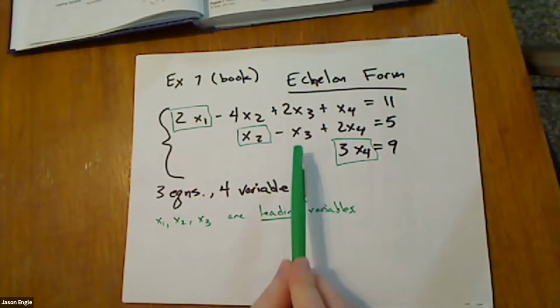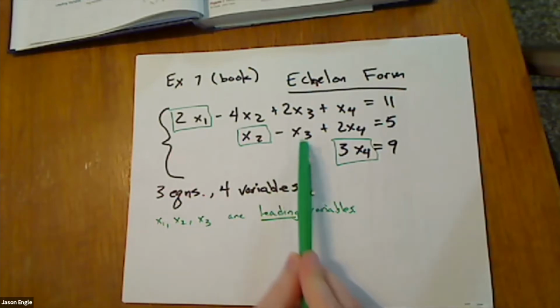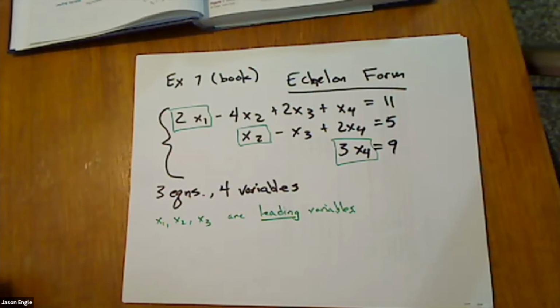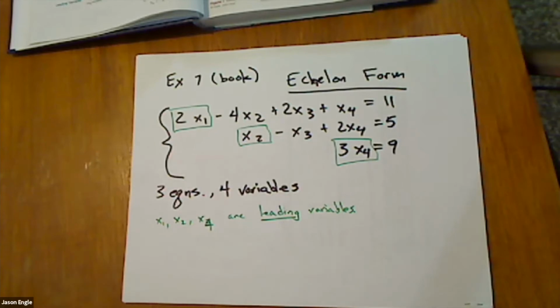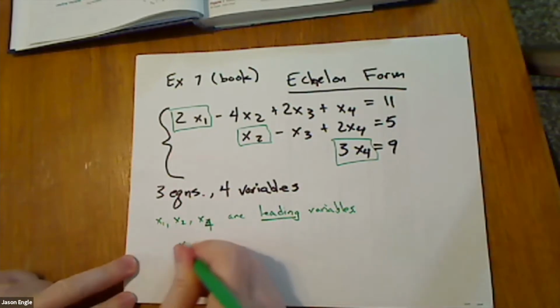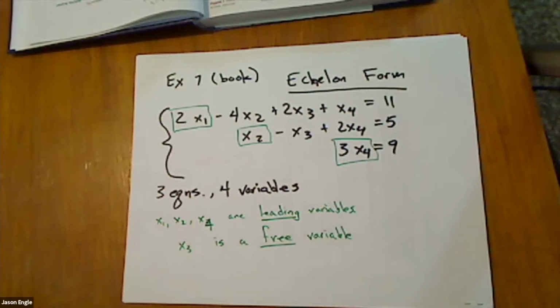But because we went down 1 and over 2, x3 is not a leading variable. Oh, sorry, typo. That's x1, x2, and x4. My bad. Those are leading variables, but x3 is a free variable. That make sense?